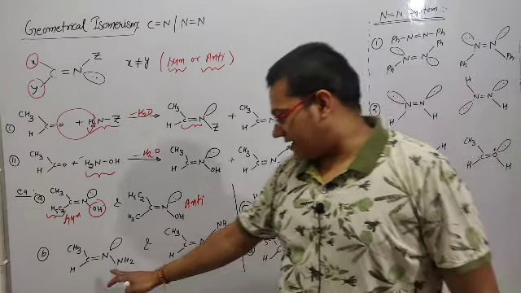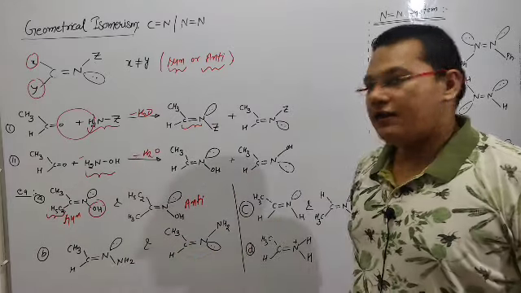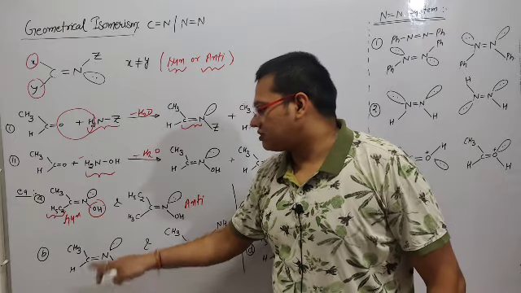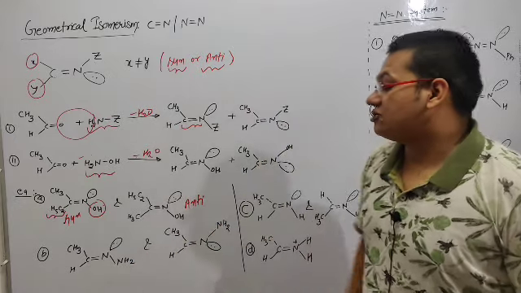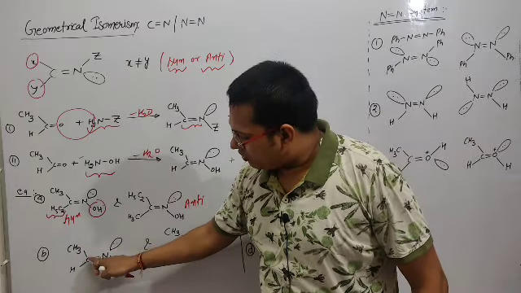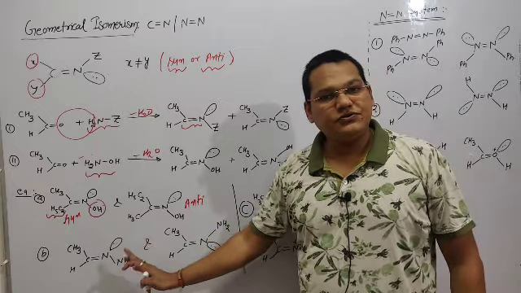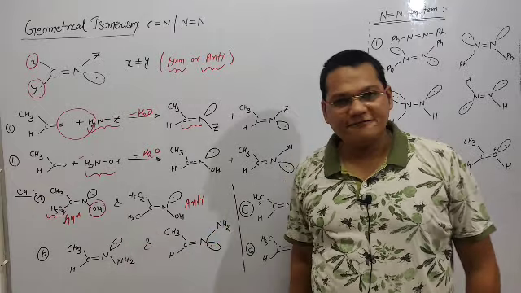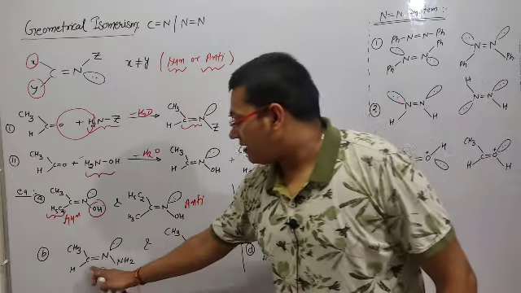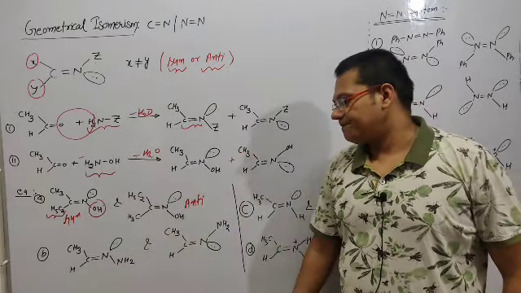Now the second example. If a compound is given and you are asked whether this compound shows geometrical isomerism or not, you will definitely say that the groups attached to both atoms are different. On the nitrogen, this group is also different. So here it 100% shows geometrical isomerism.